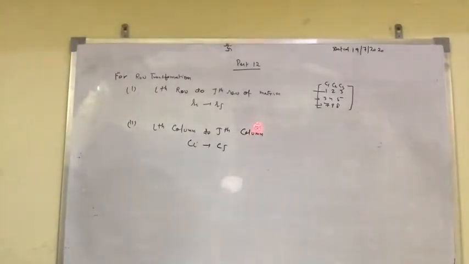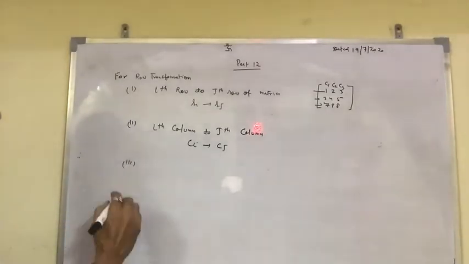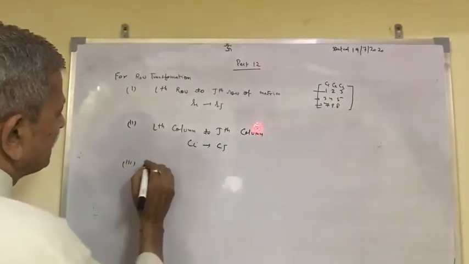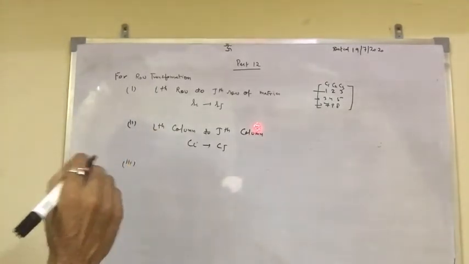And the third rule is you can multiply any row with a scalar.